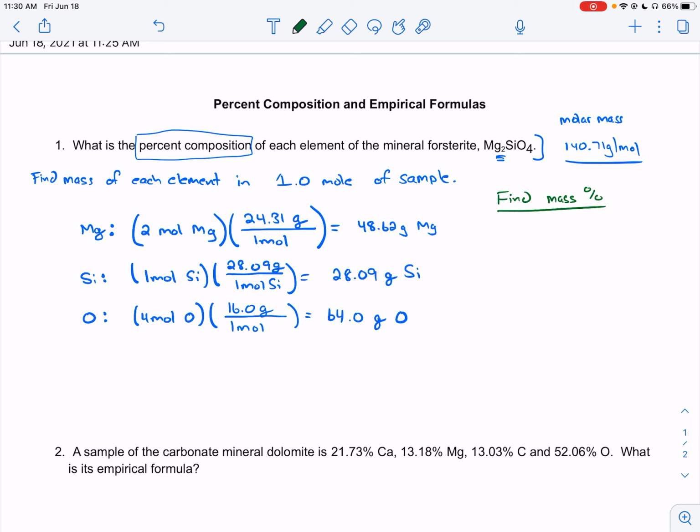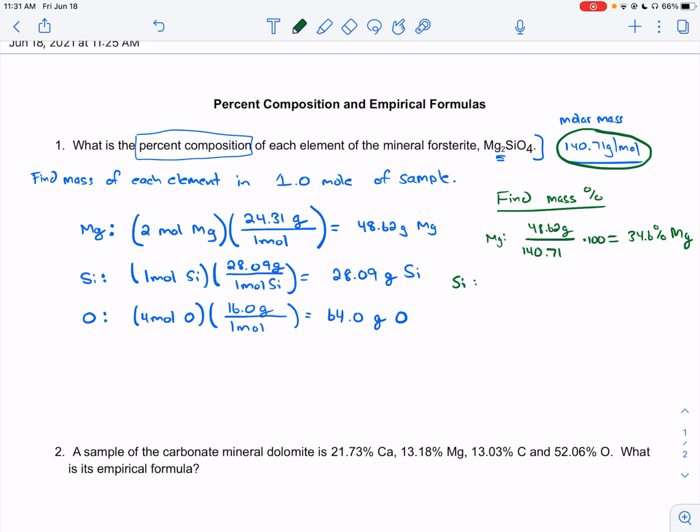And all we're going to do is take, for magnesium, the mass we found, 48.62 grams, divided by, and everything is divided by the mass of 1 mole of the entire compound, 140.71, times 100, and so this is going to equal 34.6% magnesium.